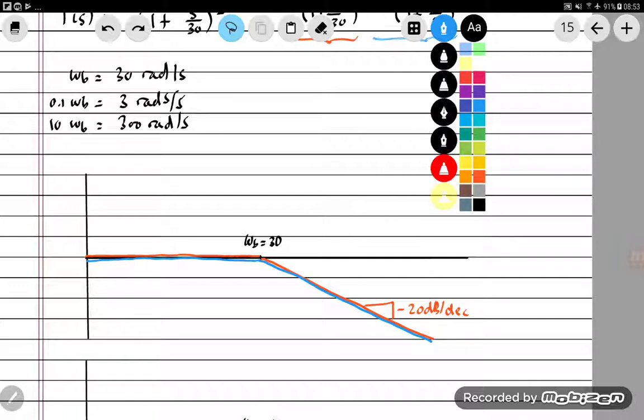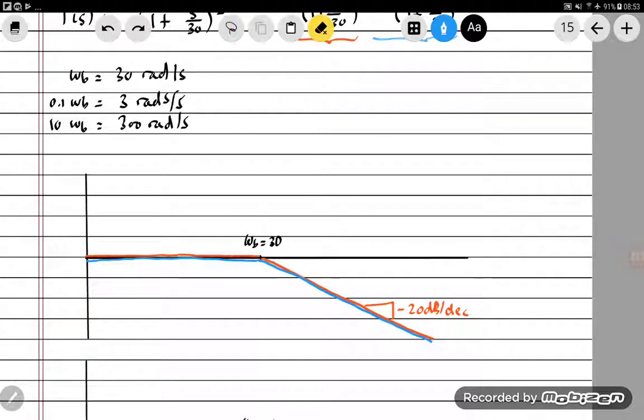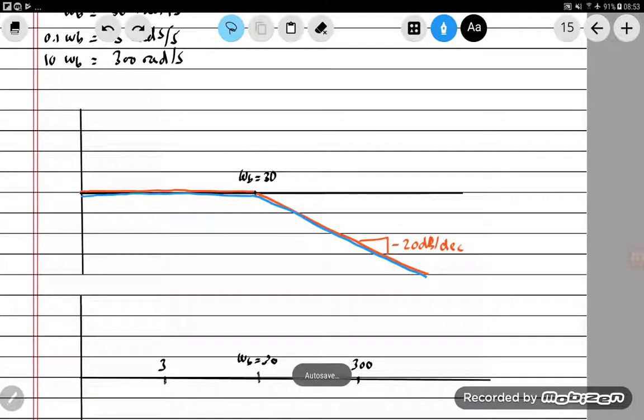To get the magnitude plot of the overall transfer function, we add those two. Up to the break frequency, both magnitudes are 0 dB, so it stays 0 dB because 0 dB plus 0 dB is 0 dB.